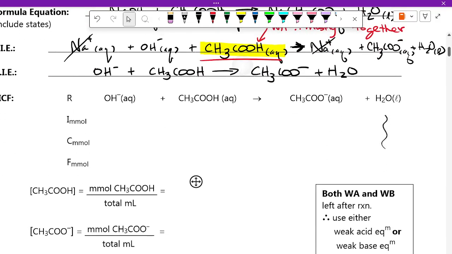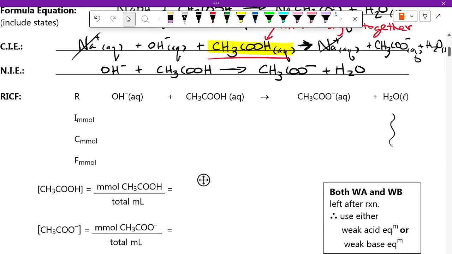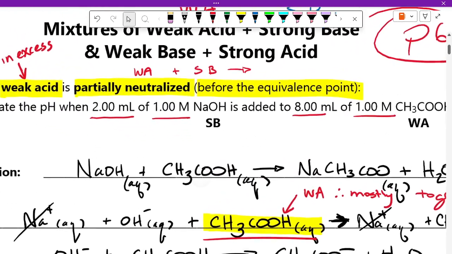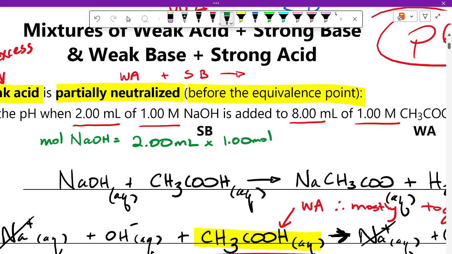Okay, so did I put it in here? So our initial moles of NaOH is 2 milliliters times 1.00 moles per liter, which is how many millimoles? 2 millimoles.